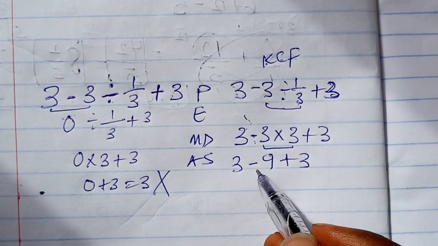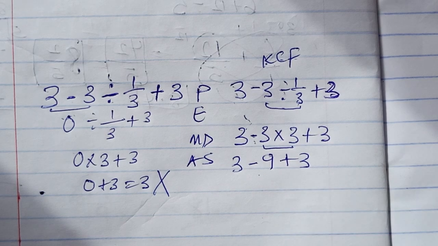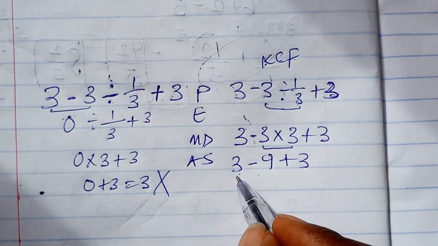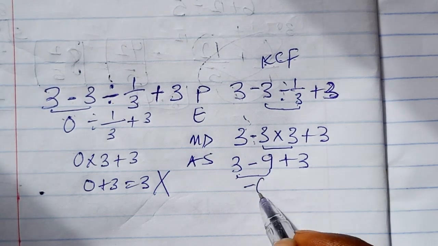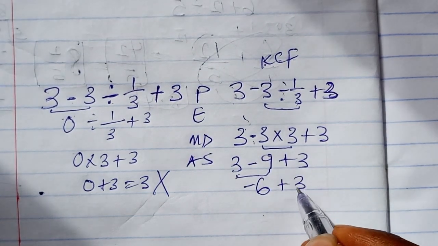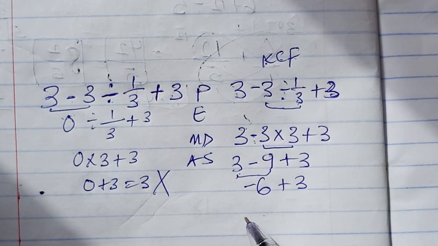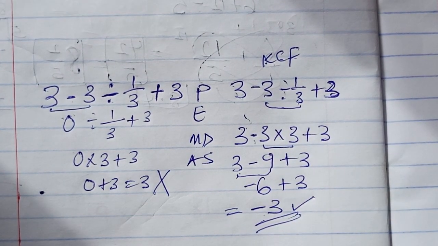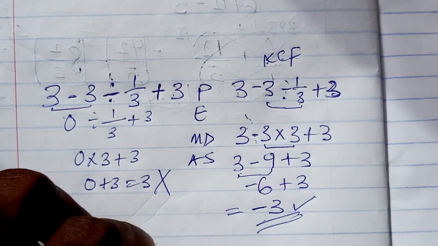Now we have 3 minus 9 plus 3. Alright, so 3 minus 9 is going to give us minus 6 plus 3. Minus 6 plus 3 is going to give us what? Negative 3. So our correct answer is negative 3.